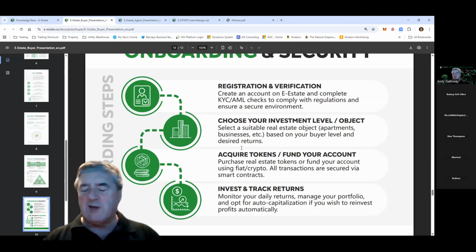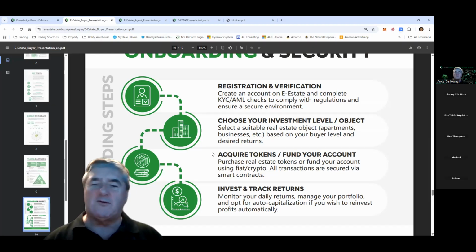Whereas if you don't check that box, you get the profit back into your e-wallet. And so at the end of the 18-month period, you still only own the amount of that property that you purchased at the beginning, but you've had all your profit back for you to do other things. For example, spend it, buy some more property, give it to somebody else to buy some property. Okay, there are many different options.